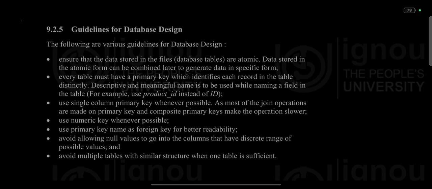Use primary key name as foreign key for better readability. Avoid allowing null values to go into the columns that have a discrete range of possible values, and avoid multiple tables with similar structure when one table is sufficient.